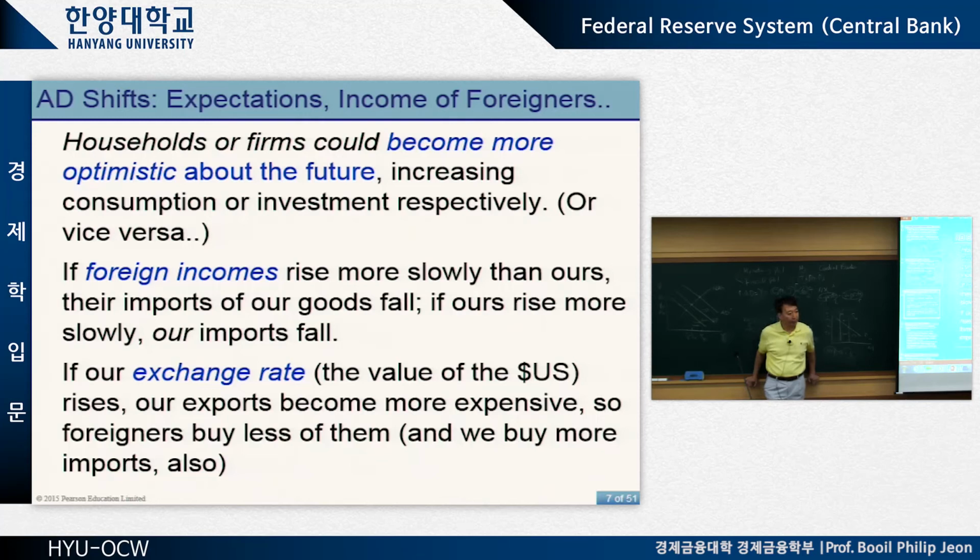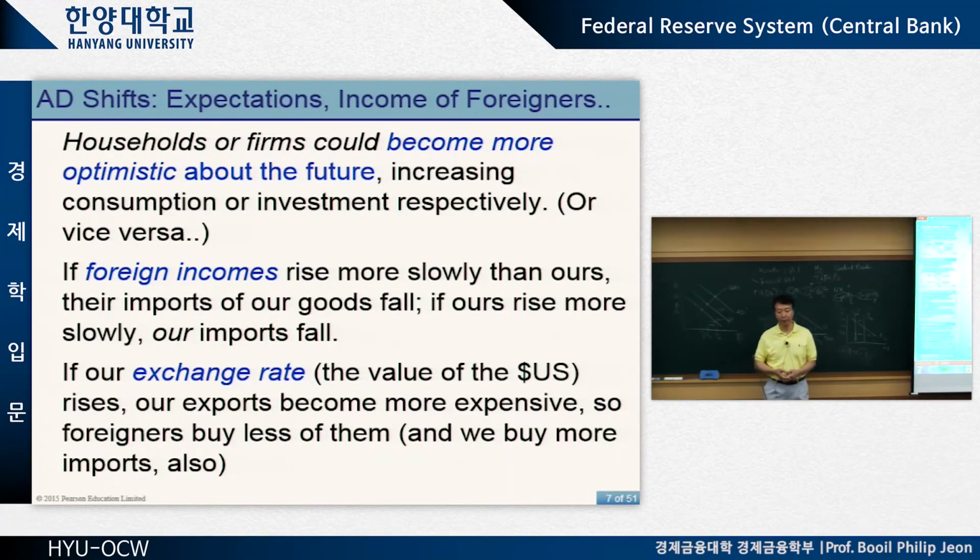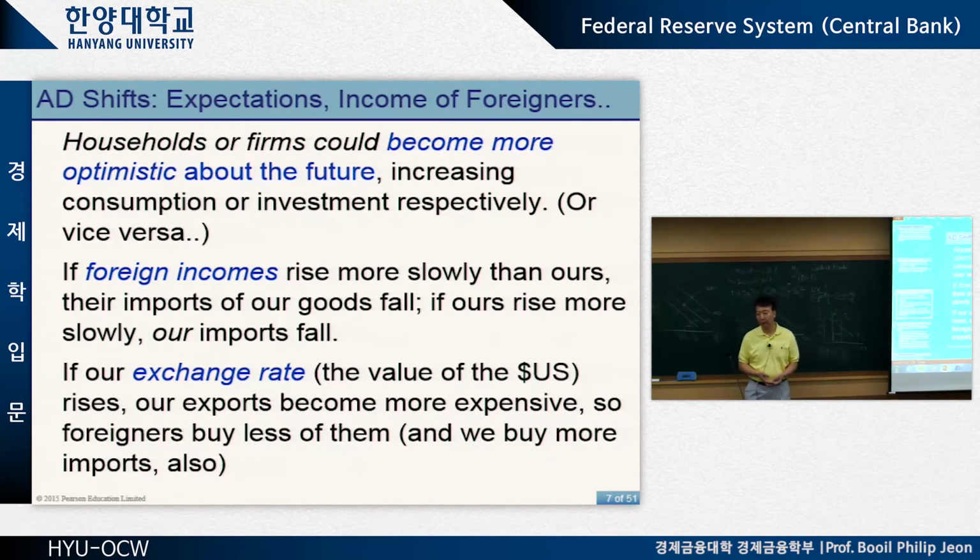If businesses think that next year will be a better year, which means the demand for their product will increase, then they will invest today to build another assembly line or start a new project, to be prepared for next year when the demand for their product is stronger. So investment demand will increase and aggregate demand will increase.